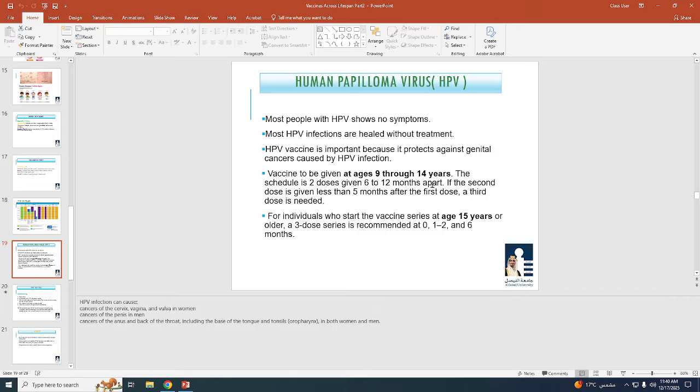So it has all the strains, whether the strains that cause cervical cancer or the strains that cause the warts. So I really recommend you all have the HPV vaccine, and it doesn't cause any side effects other than soreness at the site of injection.